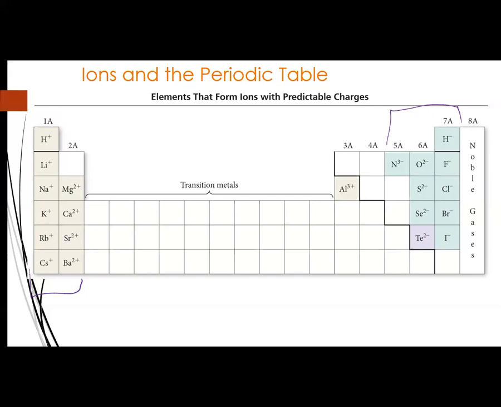Now, when they lose electrons or when they gain electrons, you can kind of imagine them as moving on our periodic table. And so when they lose an electron, they start to act a little bit more like an element that was before them. So in this case, beryllium would take on this box here.